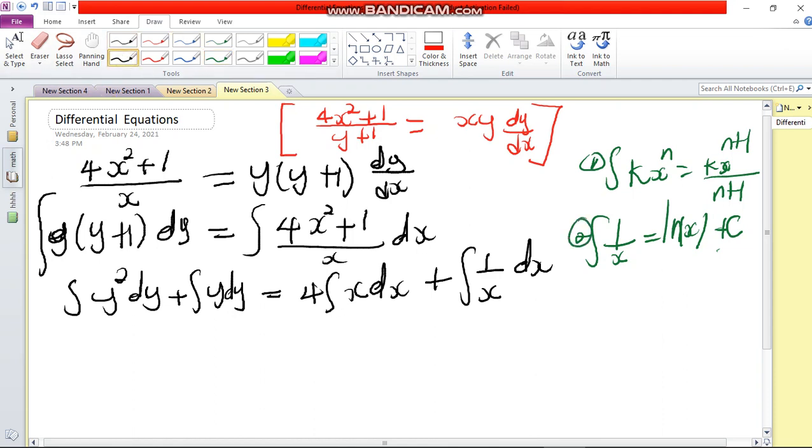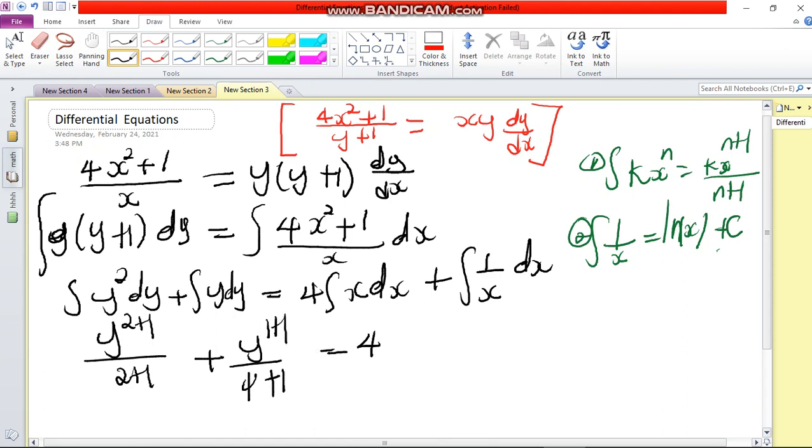Now let's apply rule number 1 on this term. So we will have y to the power n plus 1, which is 2 plus 1, divided by 2 plus 1. Same thing here, y to the power 1 plus 1 over 1 plus 1, and 4x to the power 1 plus 1 over 1 plus 1, plus just the ln of x and then plus c.